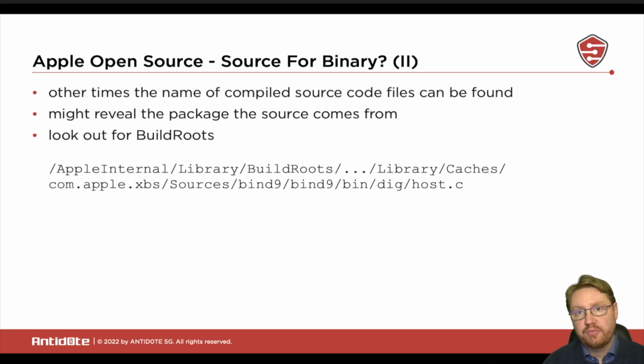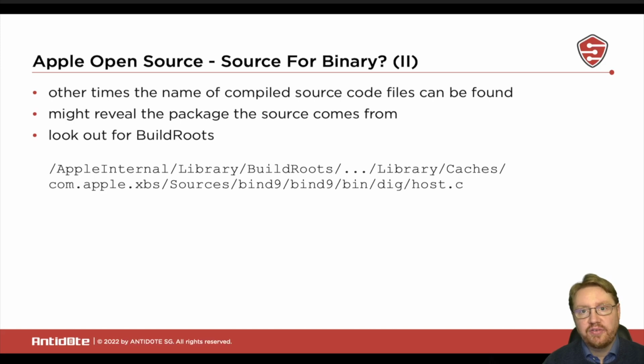Sometimes when you look through these string outputs, you will see that there's no program, no project, but you will find a bunch of file names from the actual original source code that was used. Here, for example, you see that the file host.c was referenced, and that's from inside the bind9 source code.